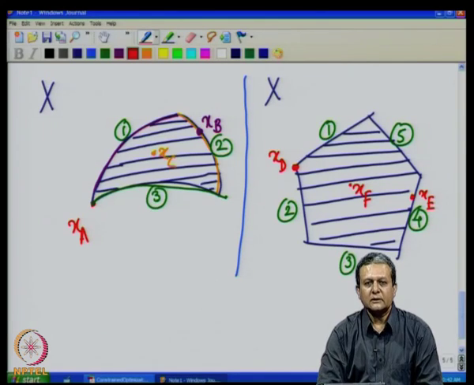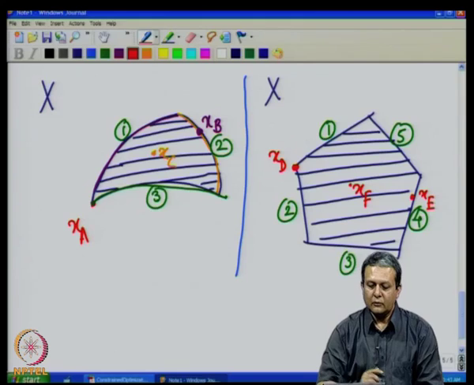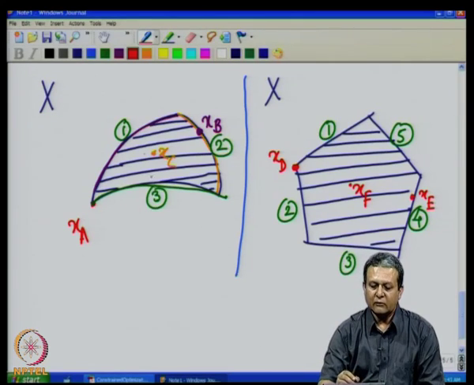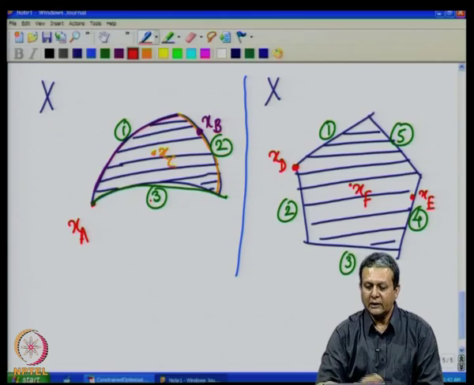Or in other words, we can define active constraints as those constraints which are satisfied at a given point with equality. So, if you look at x a, the constraints 1 and 3 are satisfied with equality.